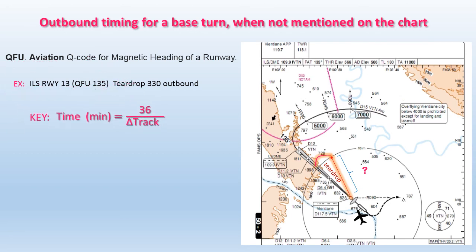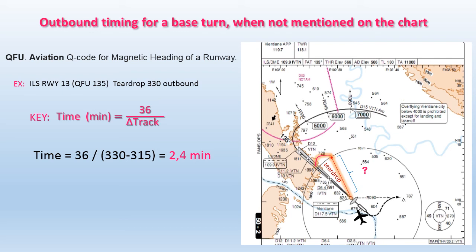Follow the rule of thumb: the timing in minutes equals 60 divided by the angle of track. Refer to the example: time in minutes equals 60 divided by 330 minus 315, which equals 2.4 minutes.